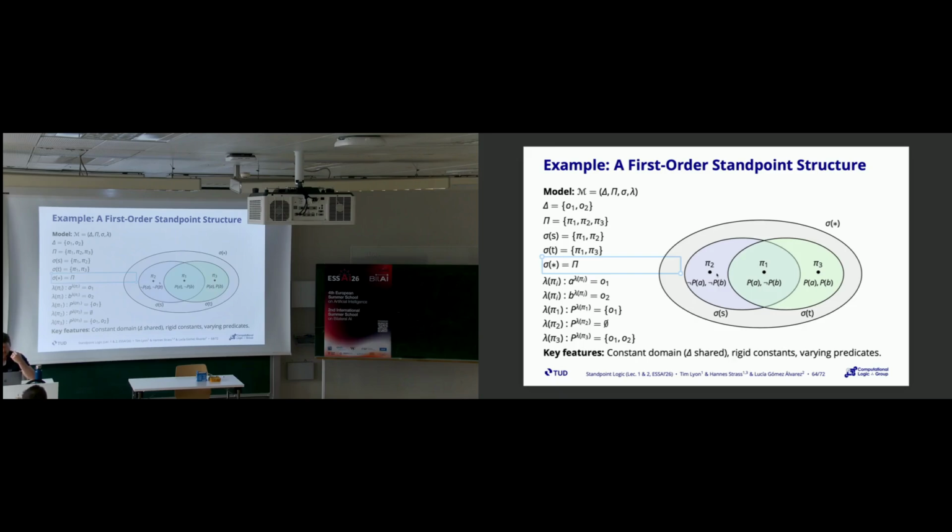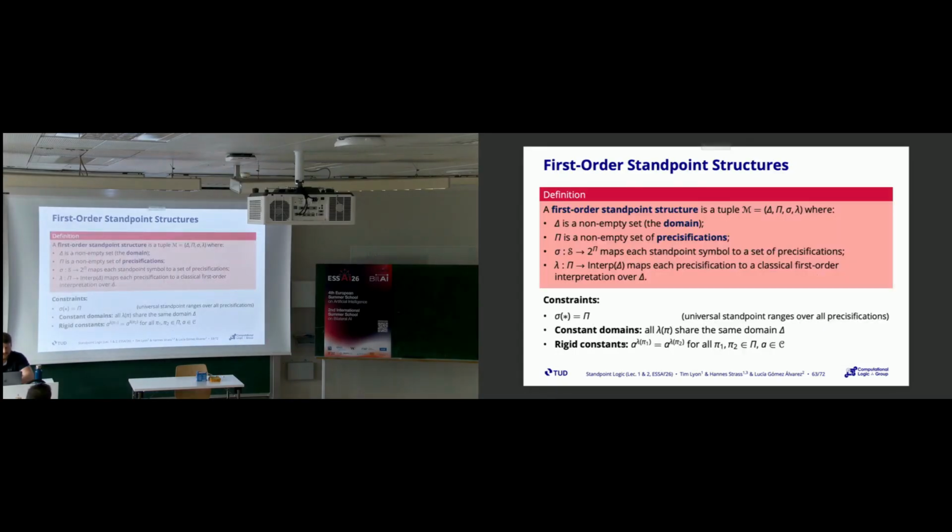And now we have, associated with each of these precisifications, a first-order interpretation of the constants and predicates, which is partially represented in this example. So we can interpret, for example, the constant A to be the object O1, and it will take that interpretation at pi 1, pi 2, and pi 3 due to the rigidity condition.